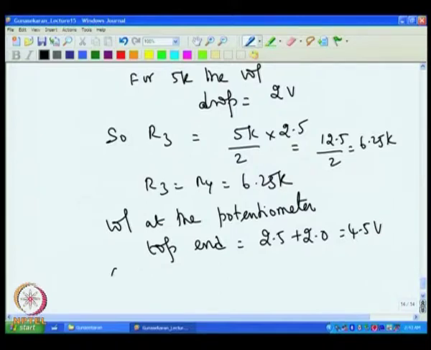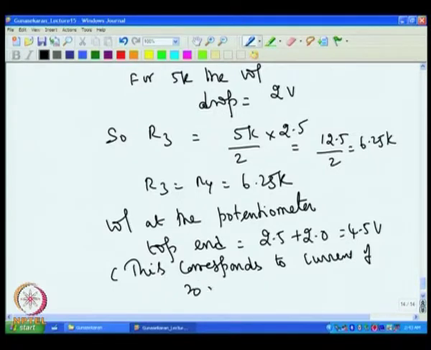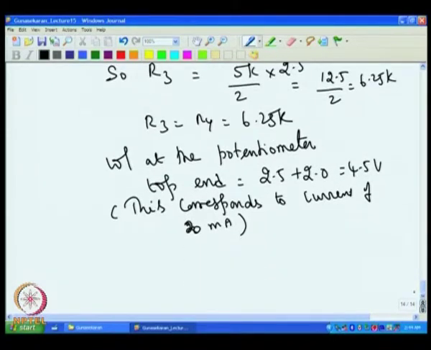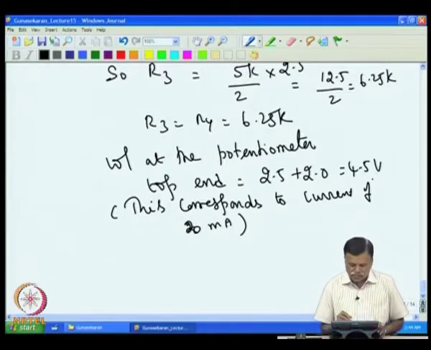This corresponds to a current of 20 milliampere. So, voltage at the potentiometer top end is 4.5 volt and the current is 20 milliampere.